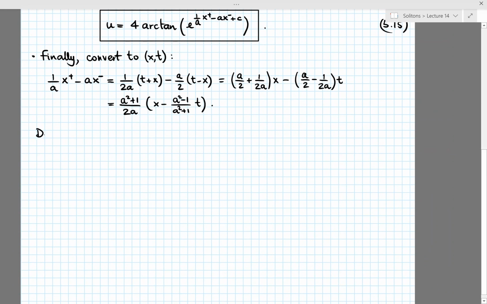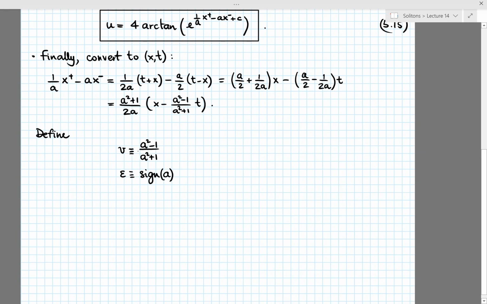So if we define the following quantities, first we have v, the velocity, that's what comes in front of t in the expression x minus velocity times t. So that will be a squared minus 1 over a squared plus 1. Then I'll define a sign epsilon, which is the sign of the parameter a.